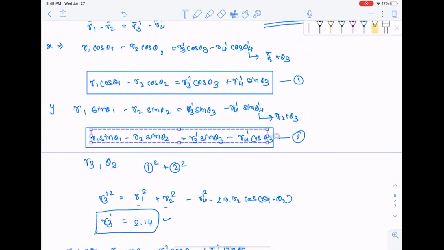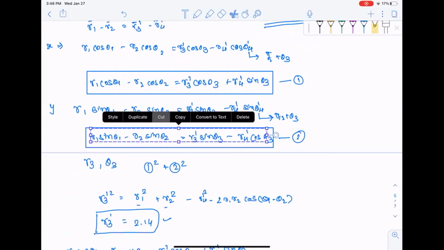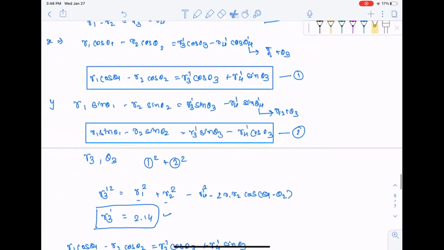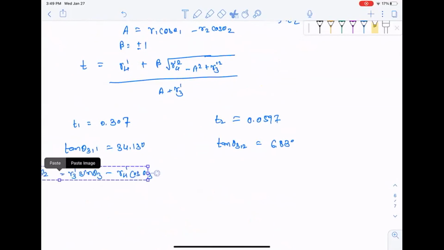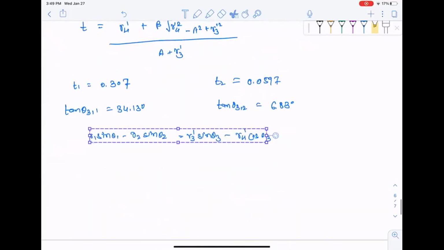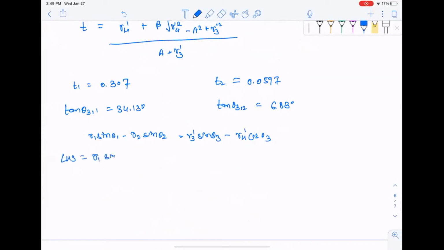So here is the second equation. I'm going to paste it over here, and I'll replace my value of theta 3 and r3. The left hand side of this equation is r1 sine theta 1 minus r2 sine theta 2.